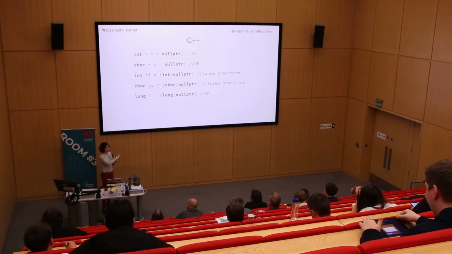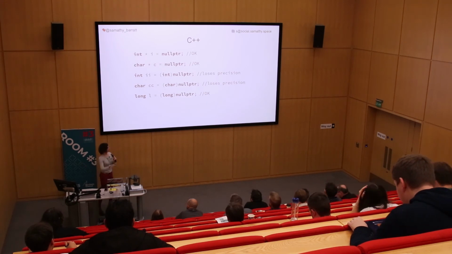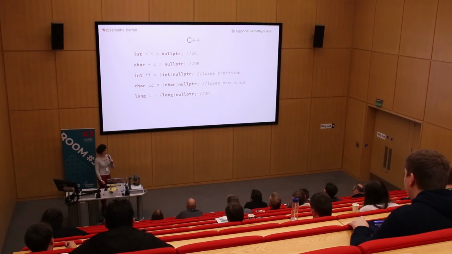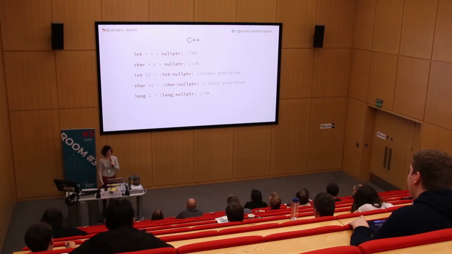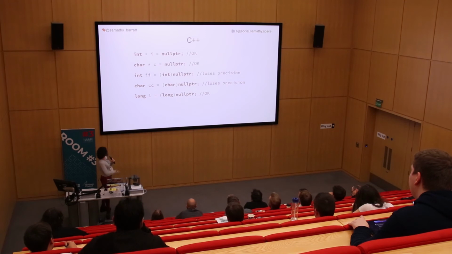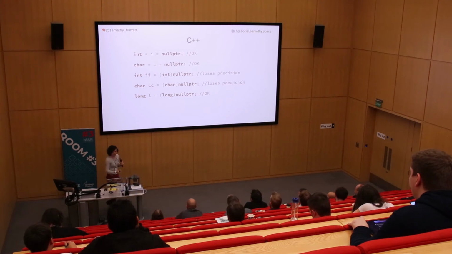However, if we've got a long that is 64 bits, the compiler will be like, okay, good, yes, I can put a memory address into an integer for you. I can do that for you. So, like, don't do these things. Don't try and cast nullptr to a long. That's silly. You should be using a pointer.